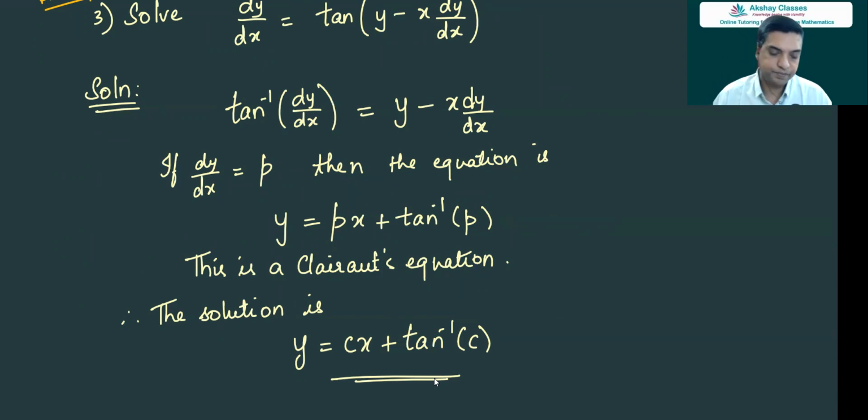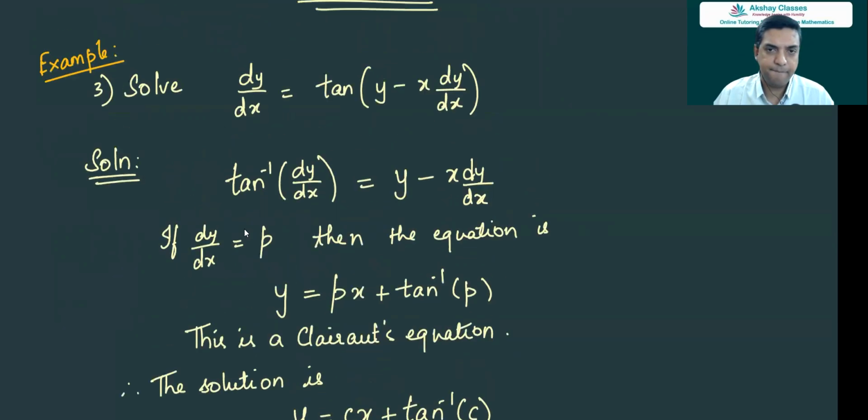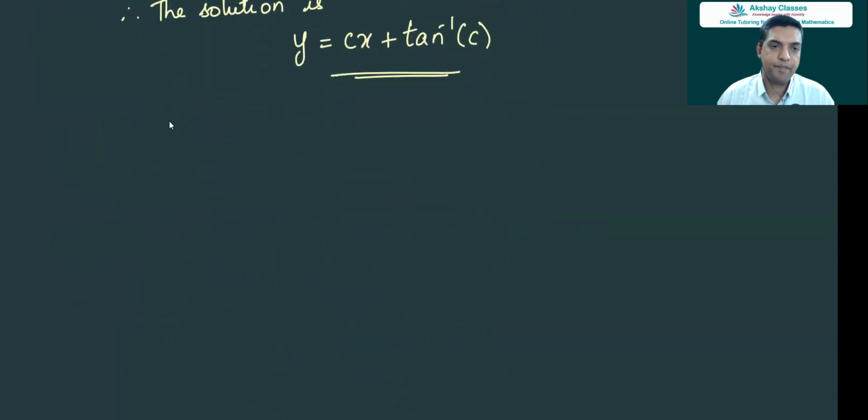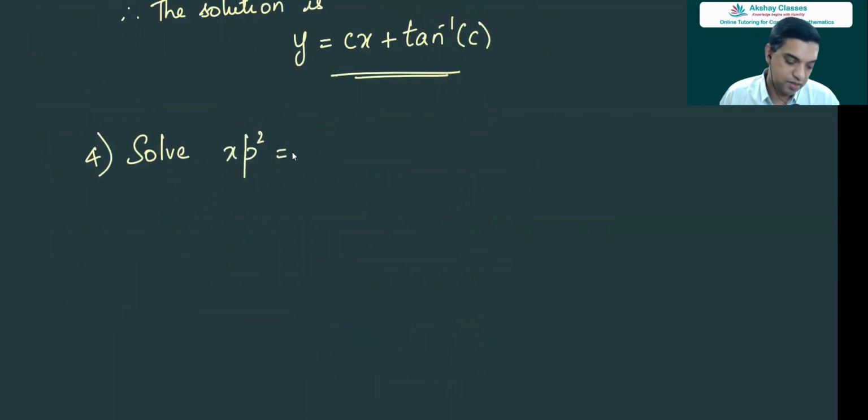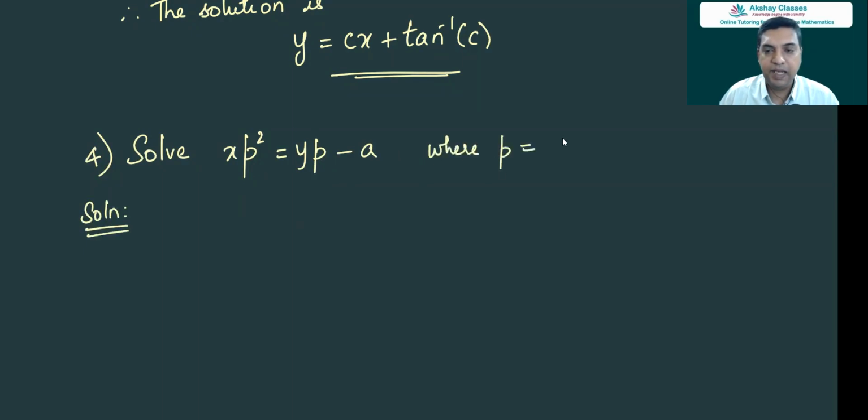Okay, one more. Solve x p square is equal to yp minus a, where p is dy by dx.